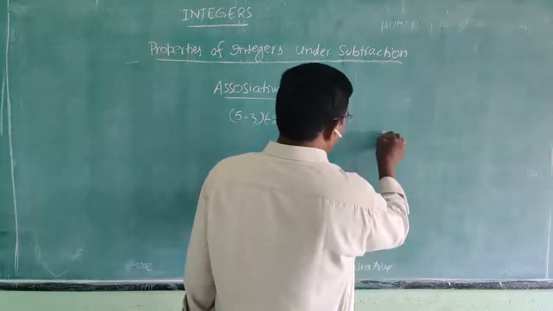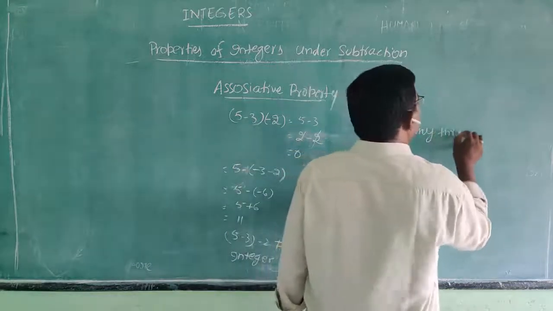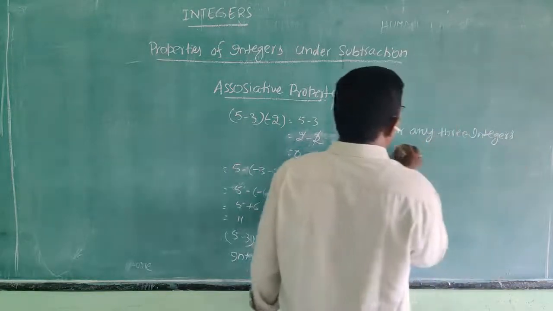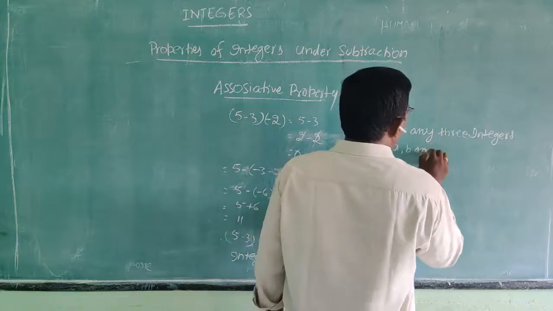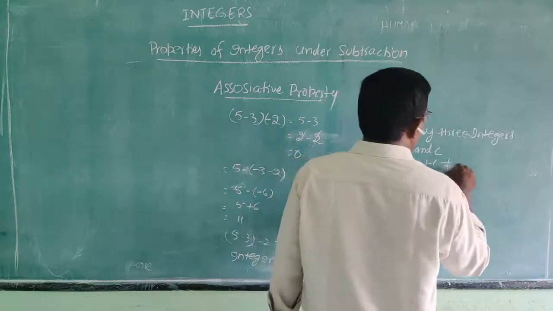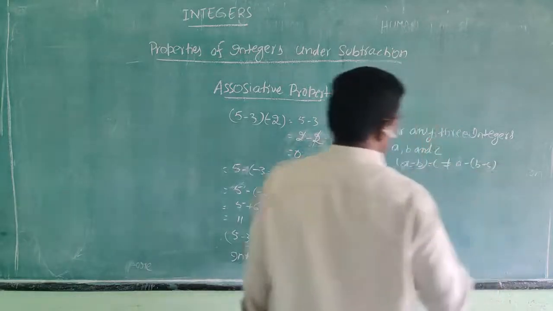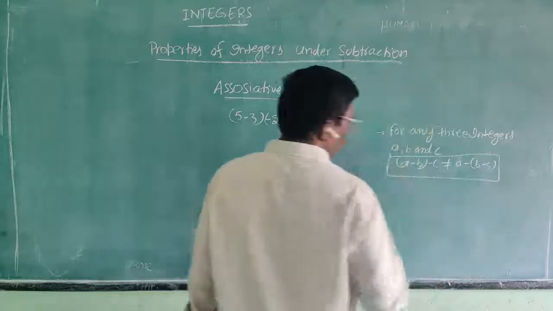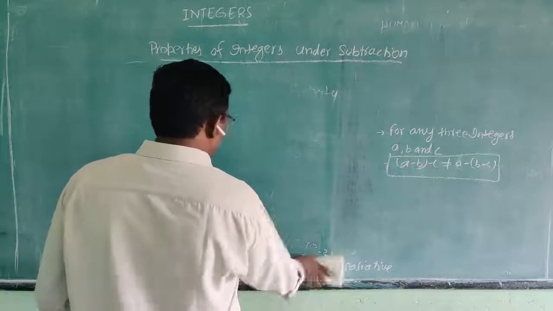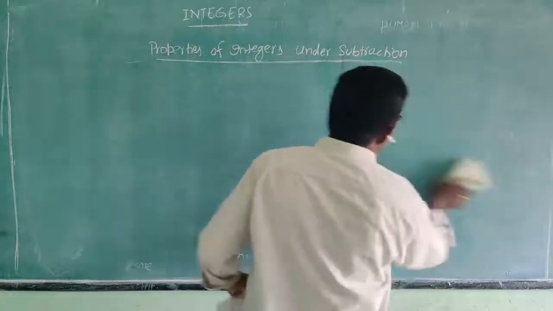For any three integers a, b and c, a minus b minus c is not equal to a minus b minus c with the other grouping. This is the associative property. So these are the properties of integers and subtraction.